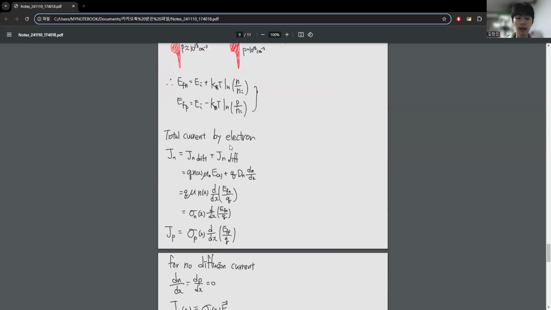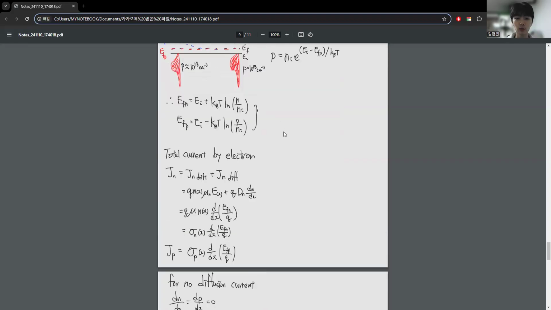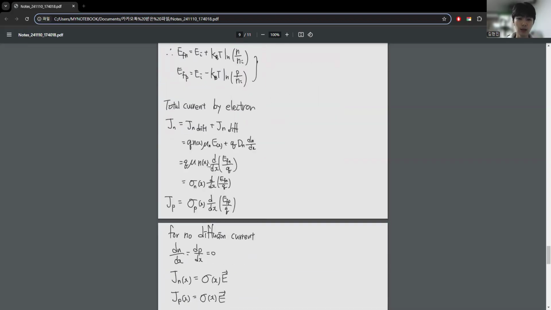So the total current by electrons, Jn, is Jn drift plus Jn diffusion, so q n mu n E plus q Dn times dn over dx, and that equals q n mu n times d over dx of EFn over q.